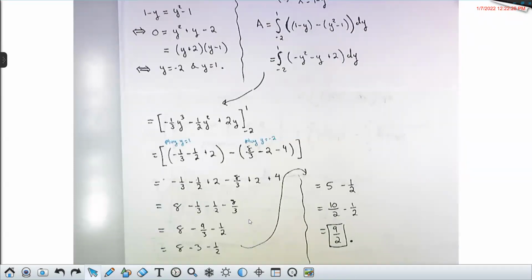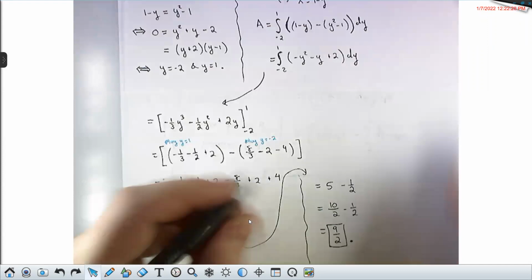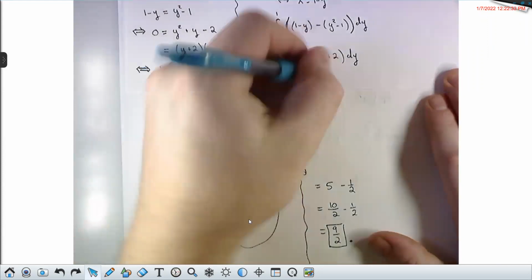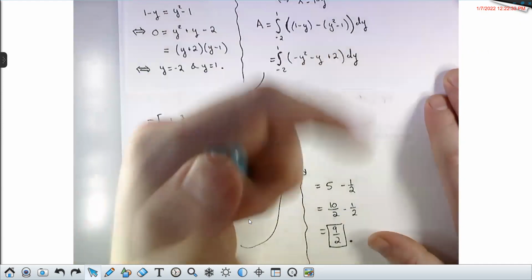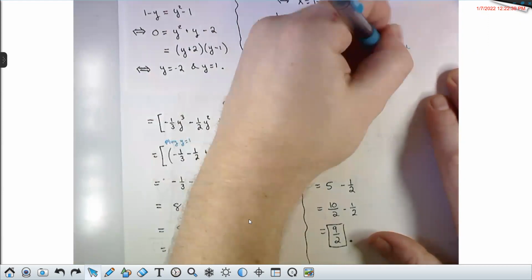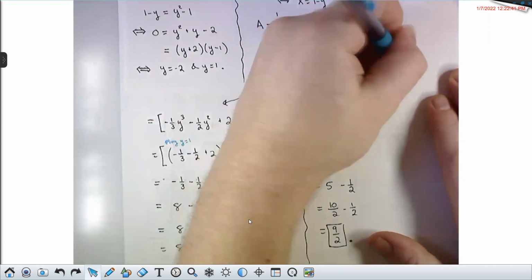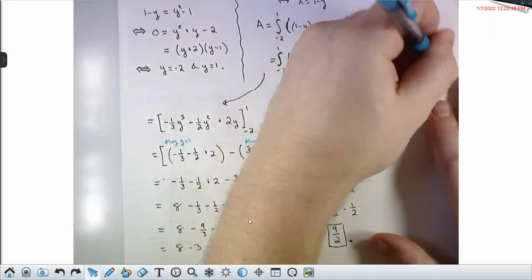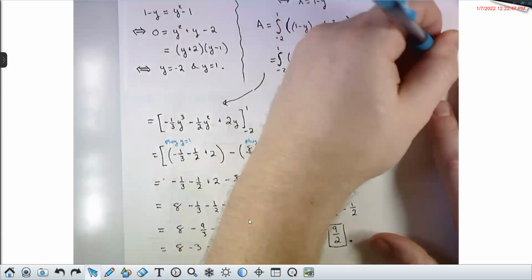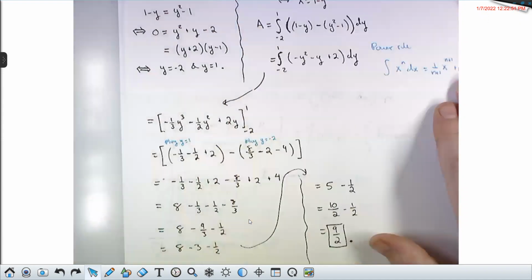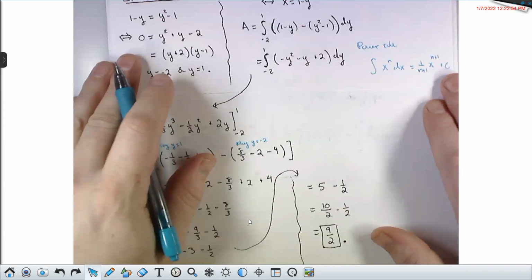Oh, the antiderivative comes from the power rule. So yeah, I don't mind going back over that really quickly. The power rule says that if you're integrating x to the n dx, this will be 1 over n plus 1 times x to the n plus 1 plus c. Right, since I'm writing it as an indefinite integral there.